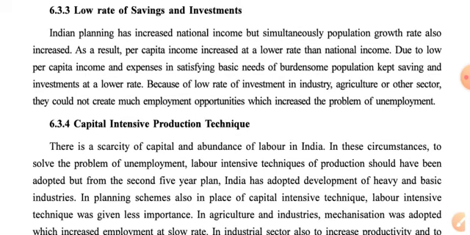So if we deduct this population growth rate from this increase in national income, that is 3.5% minus 2%, then there is only 1.5% growth in per capita income, which is very negligible. So in comparison with other countries, whether developed or developing, the per capita income of India is increasing at a very slow rate.